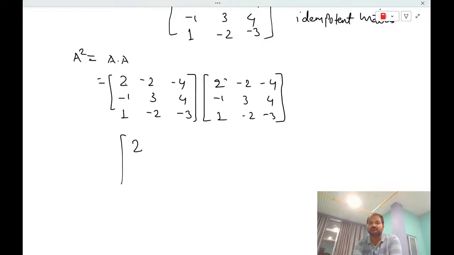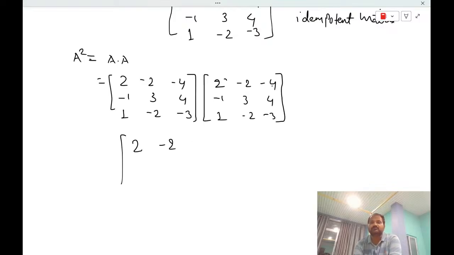Now the first row, second column: 2 into -2 is -4, -2 into 3 is -6, -4 into -2 is plus 8, so -4 minus 6 is -10, and plus 8, it will become -2.